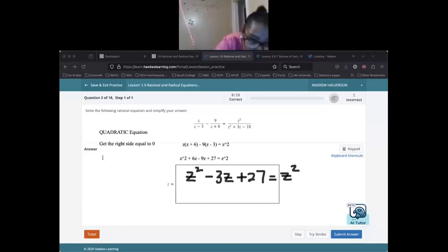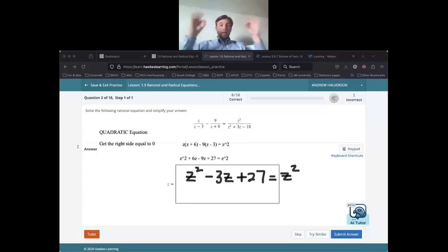Remember when you apply the factoring method, you got to get that side equal to 0. So essentially, you got to shift everything when you're dealing with quadratics. And how do you know if you're dealing with a quadratic? The square. That's the giveaway every single time. So we need to get this thing here and put it over there.